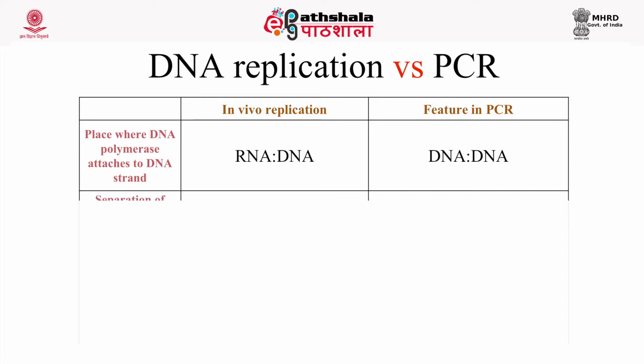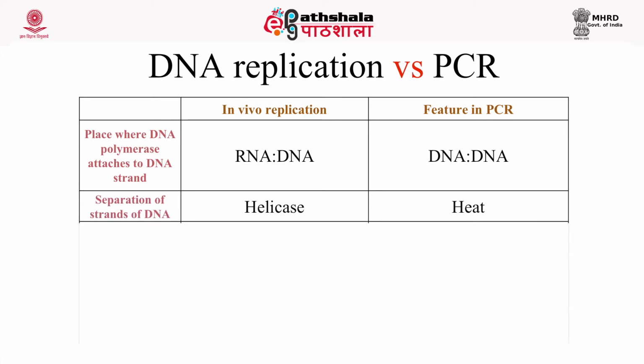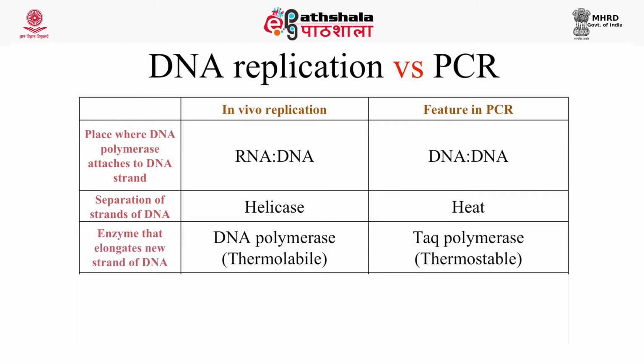For separation of the DNA strands of the double-stranded DNA, helicase enzyme is used in vivo replication. However, with the application of heat, we are able to separate the double-stranded DNA in PCR. The enzyme that elongates new strand of DNA is a thermolabile DNA polymerase in vivo DNA replication.